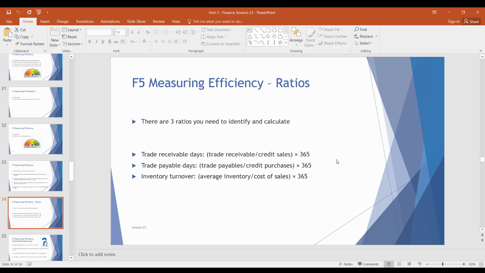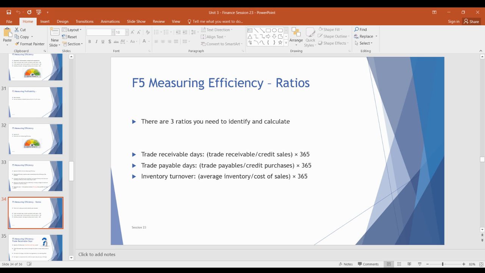So slide 34, measuring efficiency. These are our three ratios that we need to know, and they all end in 365. So teacher to ask, why 365? Why are we using that number?